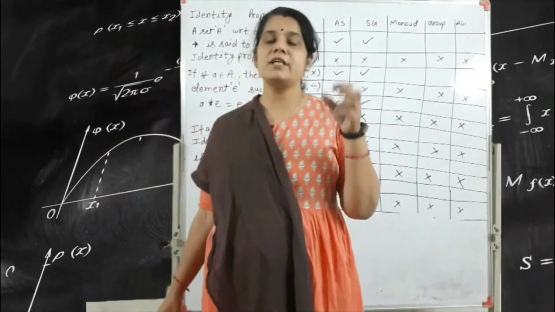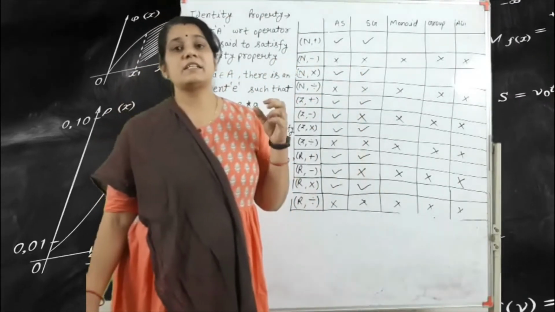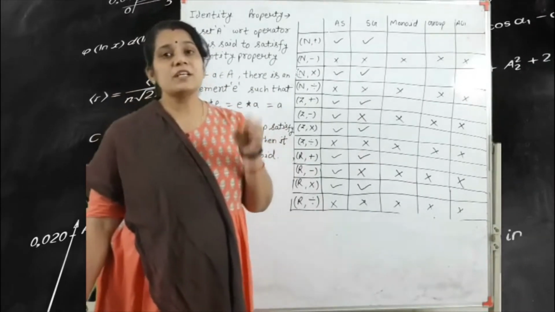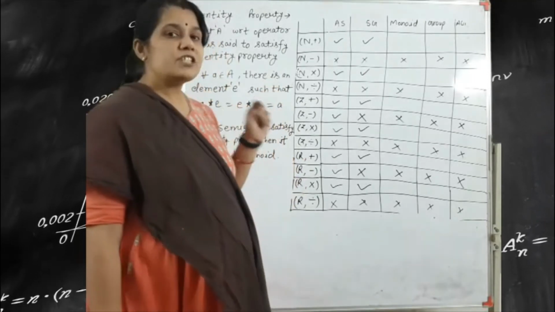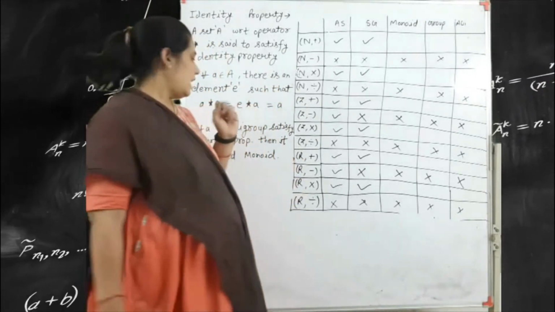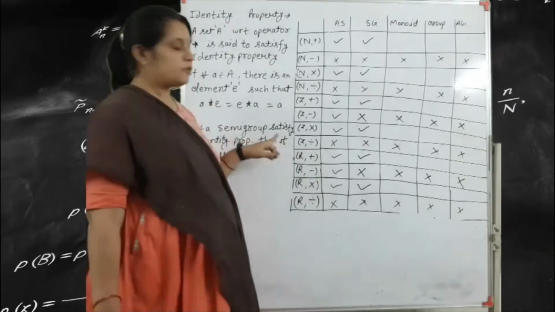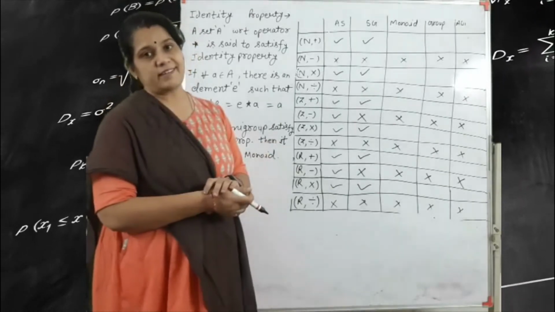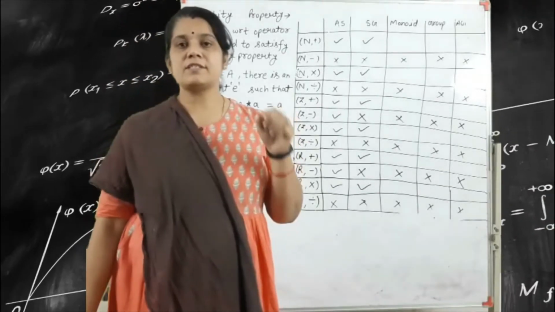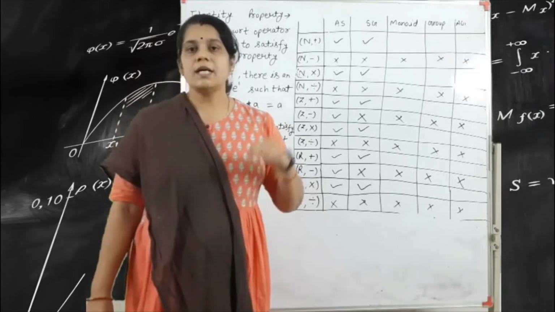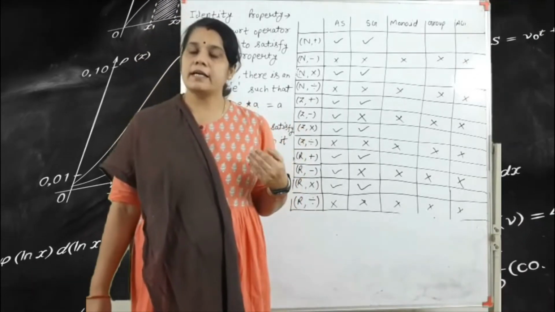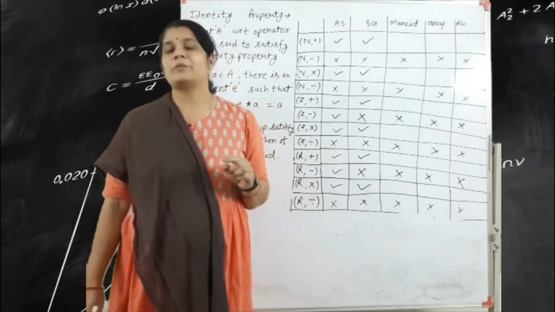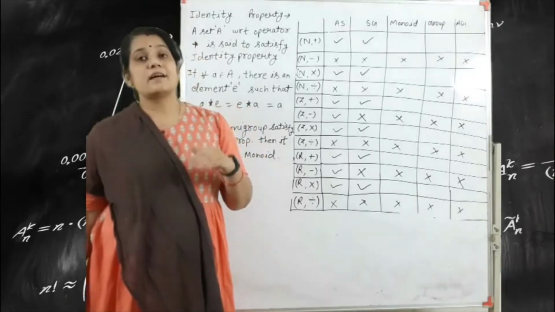That means if we consider an element of the set A and we use the operator, and with the help of the operator we get the element itself, then that element is the identity element. That means if a semigroup satisfies the identity property, then it is called the monoid. So monoid, that means what? First you find out the closure property, after that the associative property, and then if the set A with respect to the operator satisfies the identity property, then we can say that this is a monoid.